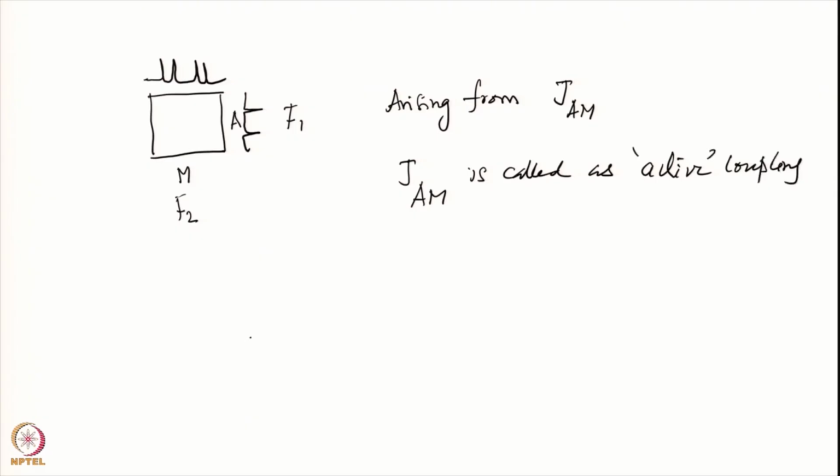And in the M there is also this MX splitting, JMX, which will be present only along the F2 axis. This is called the passive coupling. This is not responsible for the cross peak, but it will certainly contribute to the splitting.